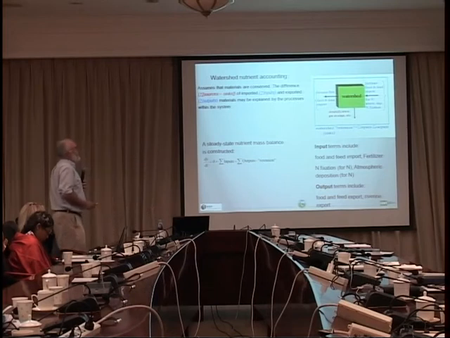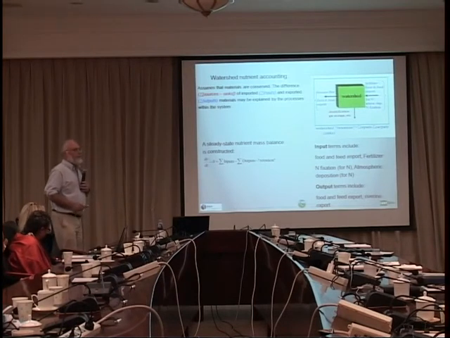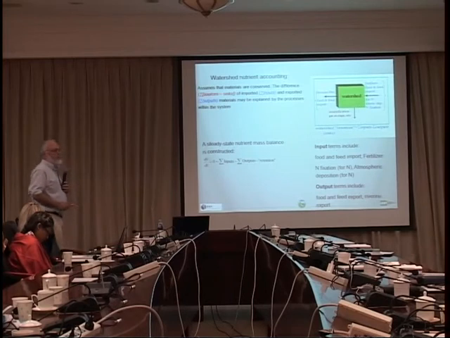For the case of nitrogen, what are the inputs? Fertilizer is a big one. Food and feed import to a watershed, that is the nitrogen in foods and animal feeds coming into a watershed. Atmospheric deposition of nitrogen.